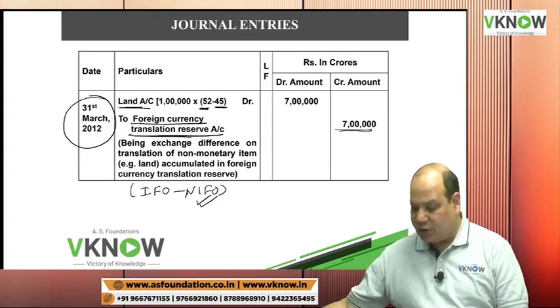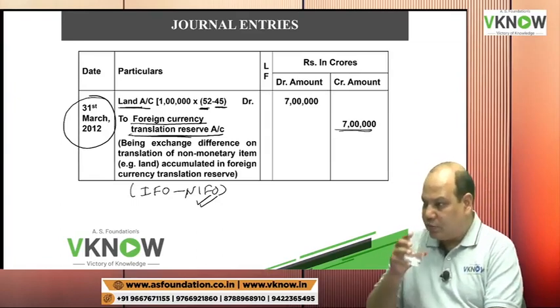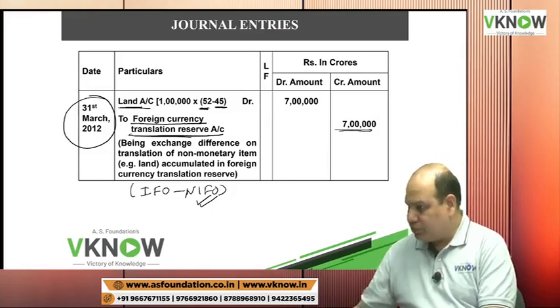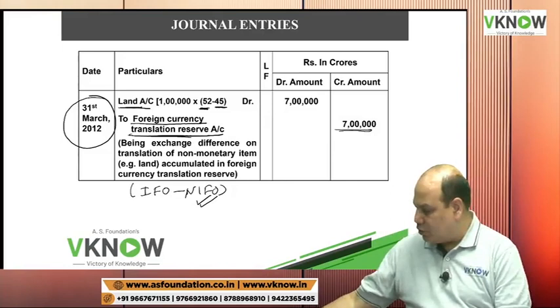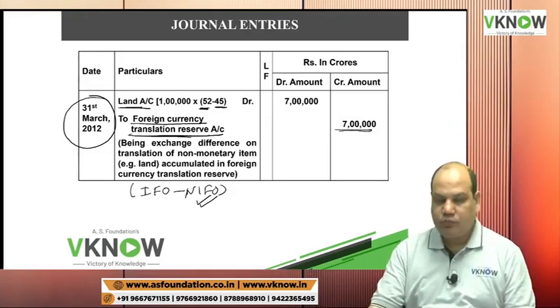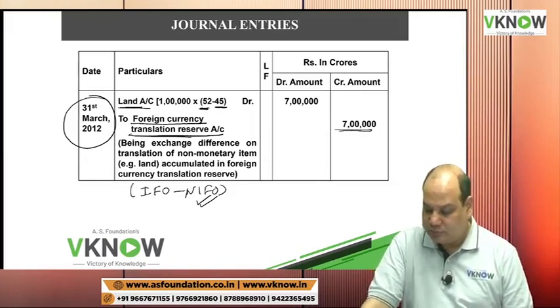So please write down the entry with calculation: land account debit to FCTR, foreign currency translation reserve, 7 lakh.